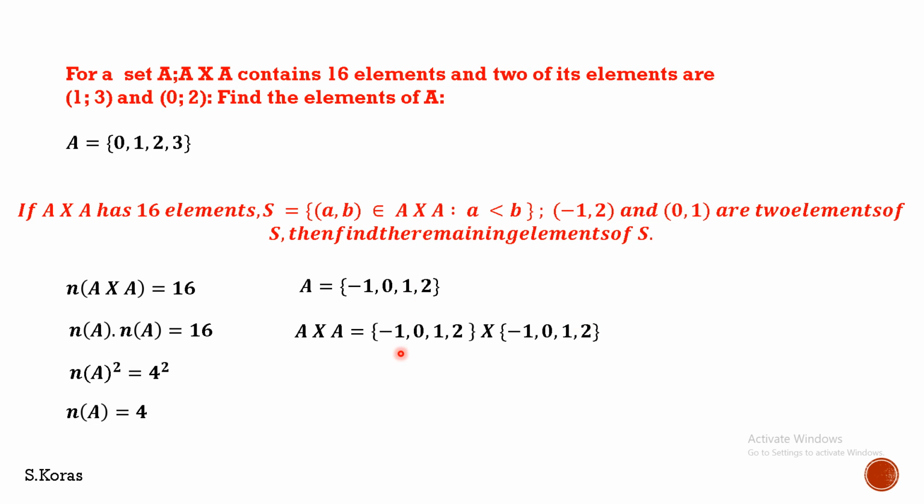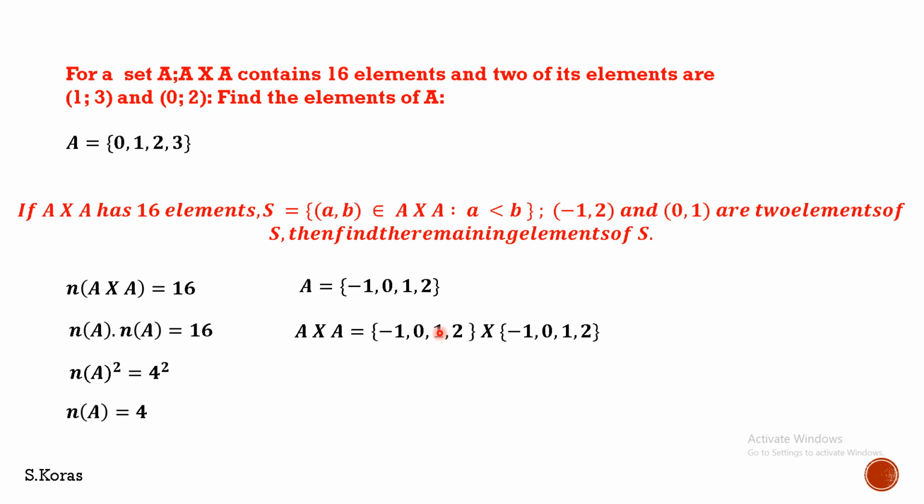Moreover, if I choose 0 from the first set, then I have to choose bigger numbers than 0 from the back set. So we cannot choose minus 1 because it is lesser. We cannot choose 0 because it is equal to 0. So if I choose 1 and 2, these two are greater than 0. So using 0 we can frame like this: 0 comma 1 and 0 comma 2.